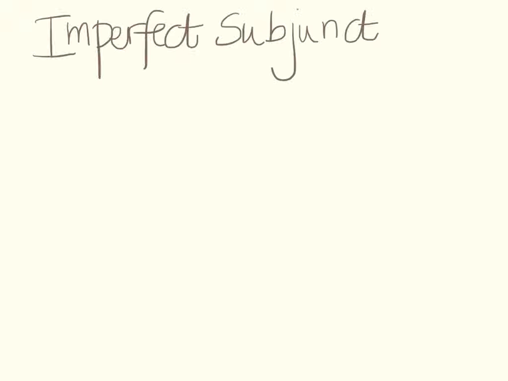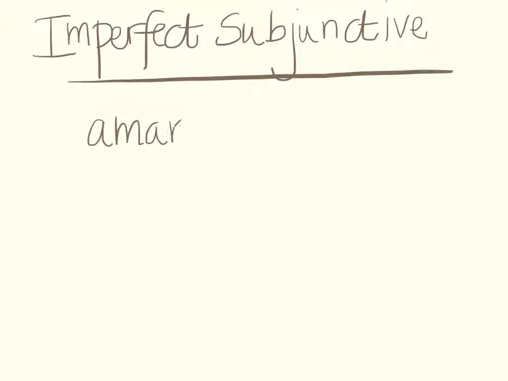Before we talk about why we use the subjunctive or how to translate them, let's talk about how to form the imperfect subjunctive. So we always want to start for the imperfect subjunctive with the present active infinitive. We'll start with my good friend and yours, amare. When we conjugate, that's going to be our base.